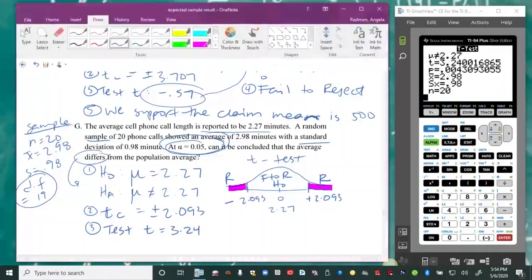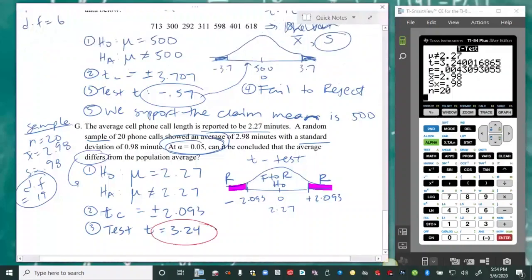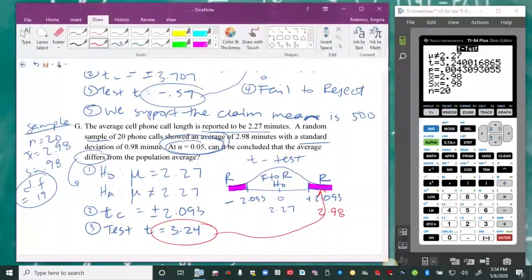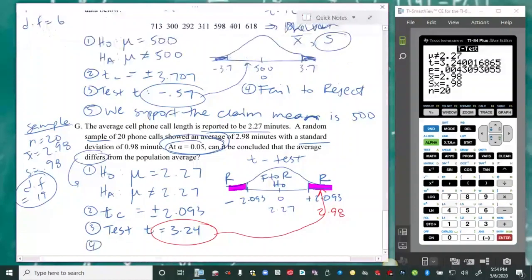3.24, let me grab the red pen, does live in my rejection region. It's more than 3 standard deviations away. That's where 2.98 lives. This tells me that I am going to reject. So step number 4, I'm going to reject my null hypothesis. Step number 5, let me put it over here.